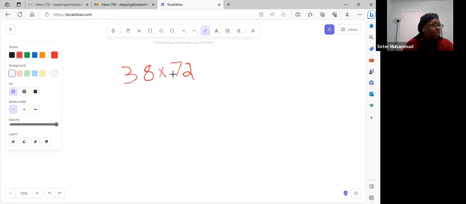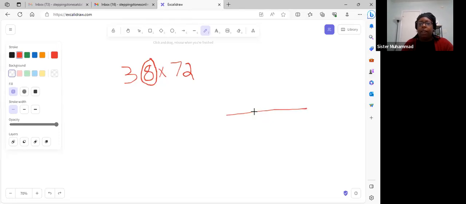So we're gonna take 38, but when we take 38, we're going to look at the ones place, okay? Now looking at the ones place and knowing how to round, we're gonna make a small number line here.